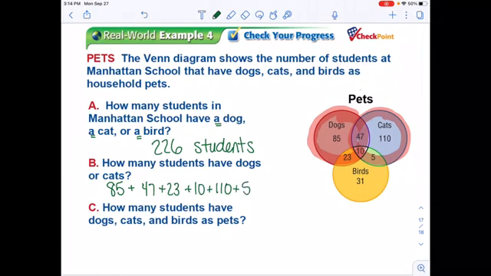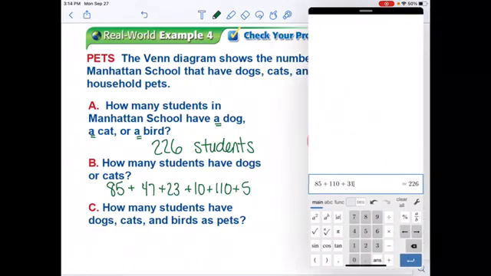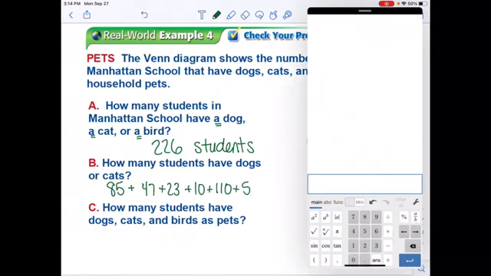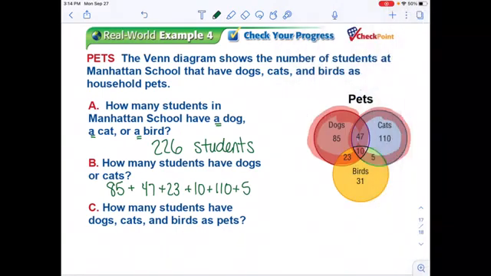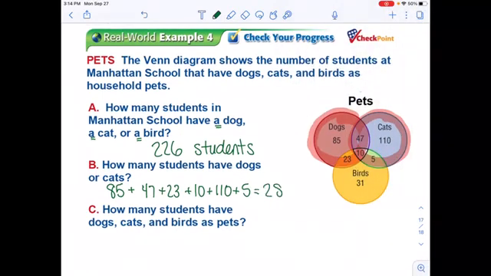So we're going to end up adding all of these things together, just making sure I got them all. So we have 85 plus 47 plus 23 plus 10 plus 110, and then add 5 to that, and we get a total of 280 students.